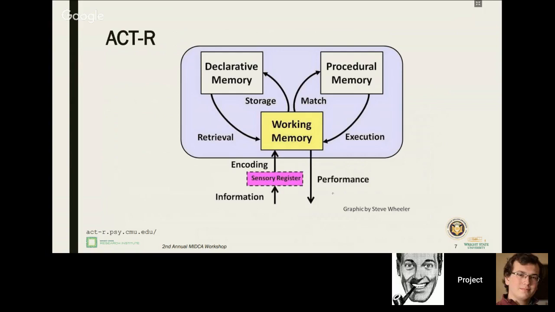And so there's a long-term memory for both declarative and procedural, and that you can retrieve from or execute items from memory. You have a working memory from within. You do matching to your long-term memory to retrieve items for performance given some input encoding. There's a sensory register where the input comes from.